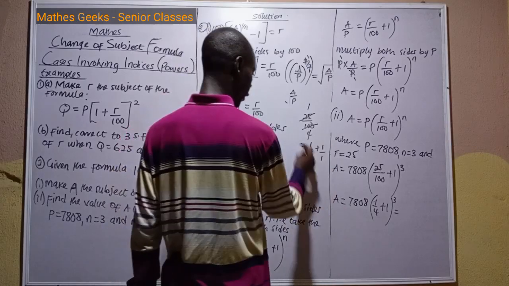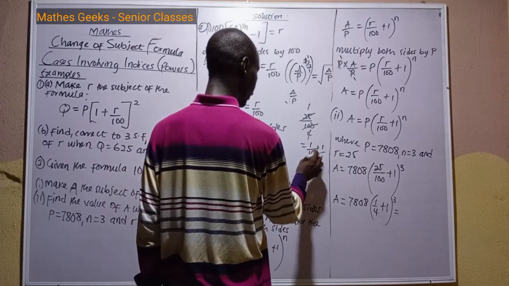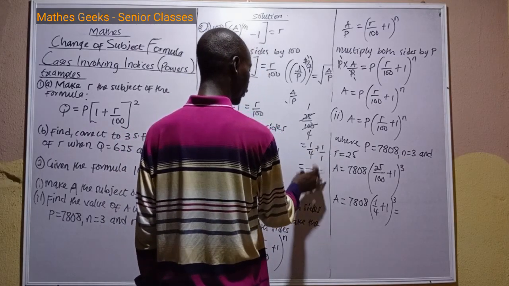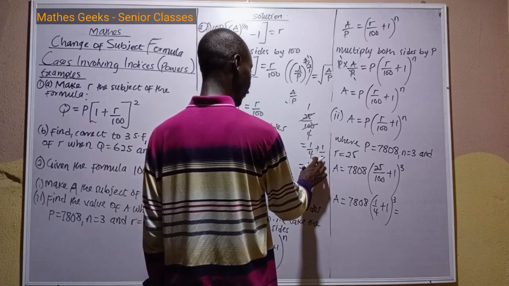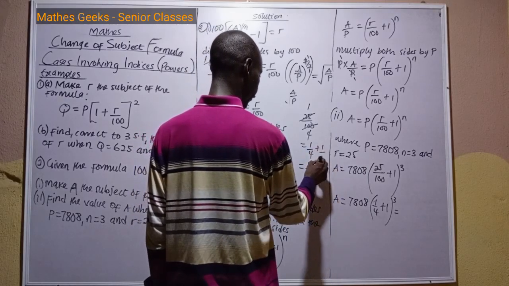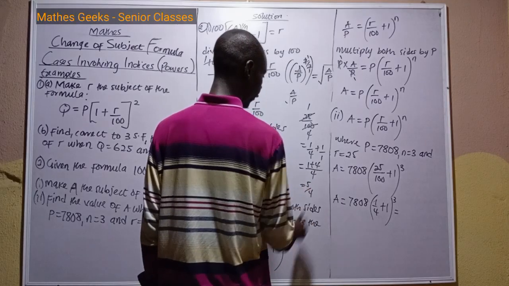So let's simplify this fraction. The denominator is 4, 4 into 4 is 1, 1 times 1 is 1, plus 4 into 1 is 4, 4 times 1 is 4. So that's 5 over 4.